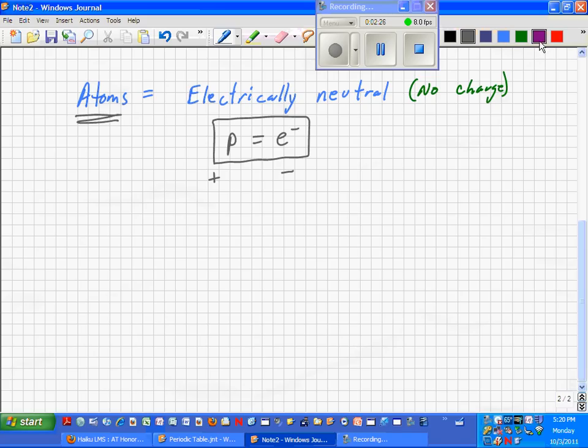In order to identify the different atoms, we're going to use the atomic number. What the atomic number tells us is the number of protons in the nucleus of an atom.